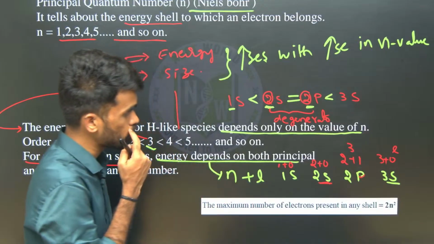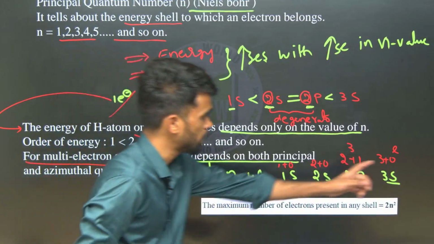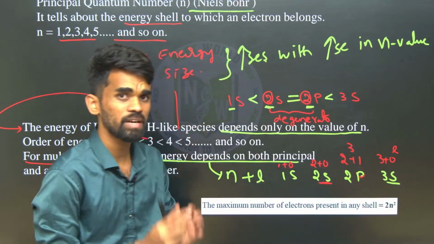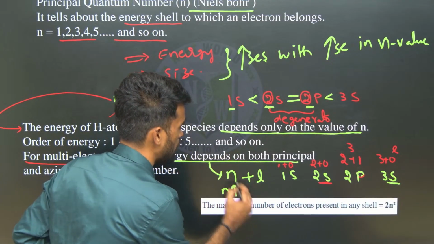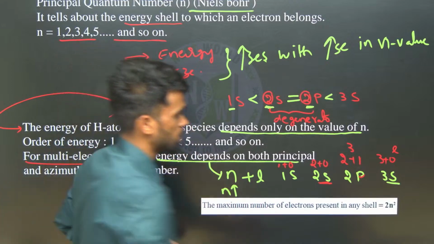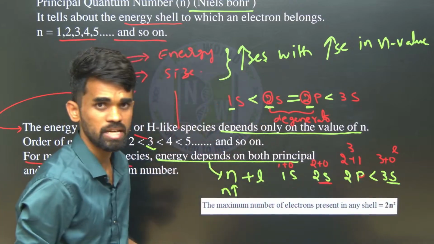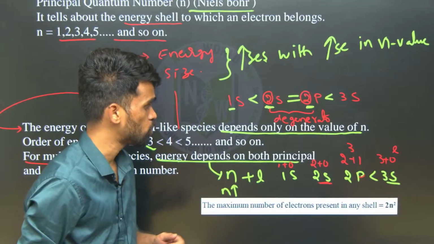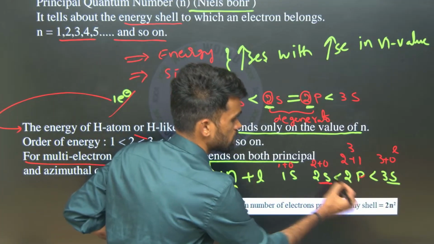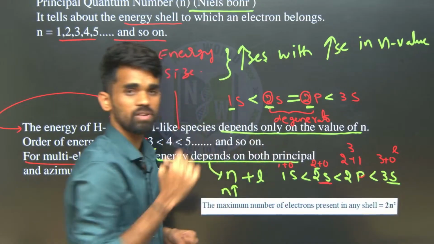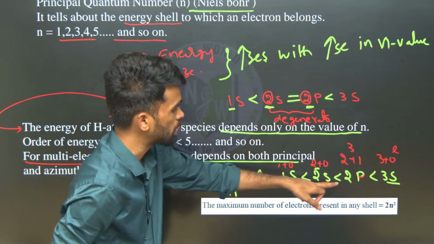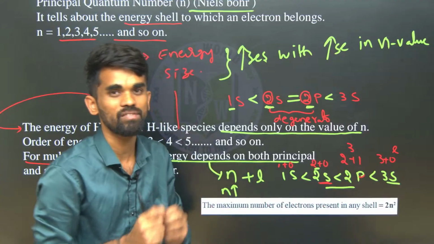So now which is having more n plus L value? It is 3 here and here. So whenever we have the same n plus L values, consider the one which is having higher n value, greater will be its energy. Therefore 3s is in a higher energy state, or having more energy. Then out of these 2, this is more energy, and out of these 2, this is 2, so it will be more. See, here it is equal, but in this case 2s and 2p are not having equal energies.